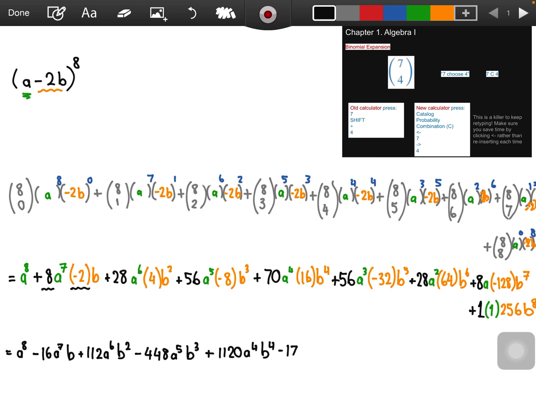Okay, 1792, and then a to the power of 3, b to the power of 5. Okay, next one is 28 by 64, so 1792, a squared b to the power 6.